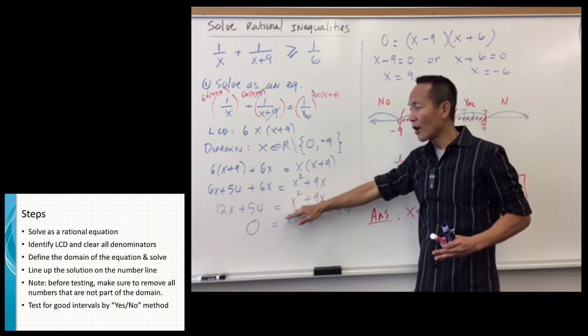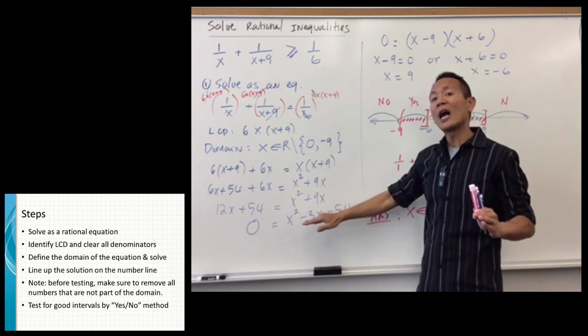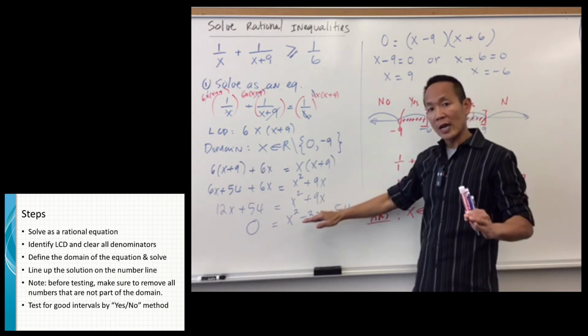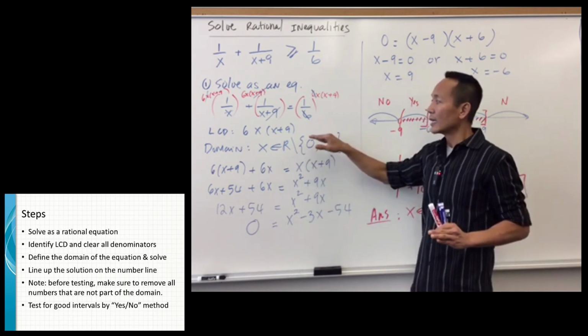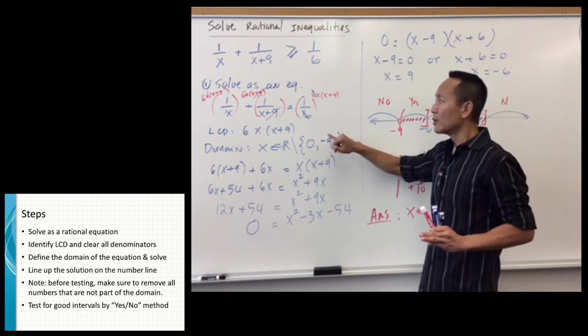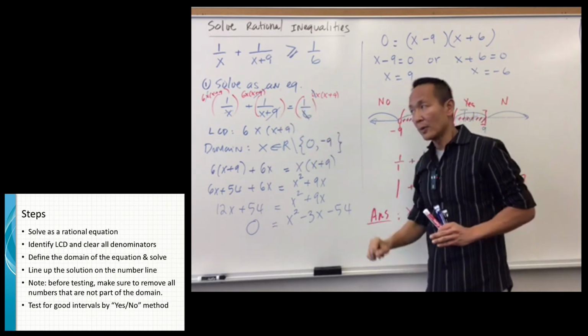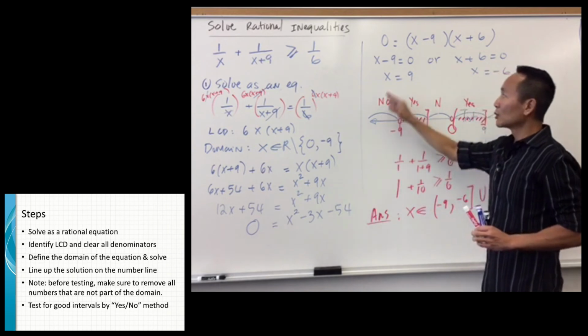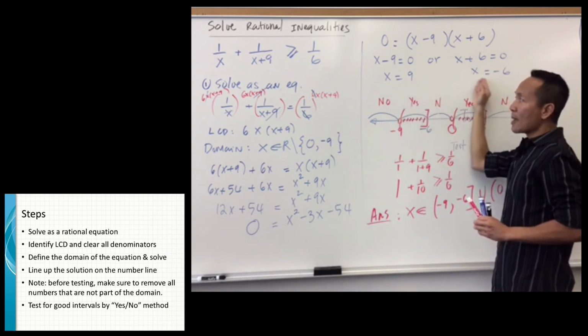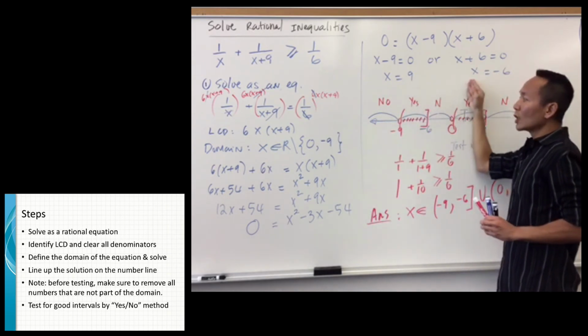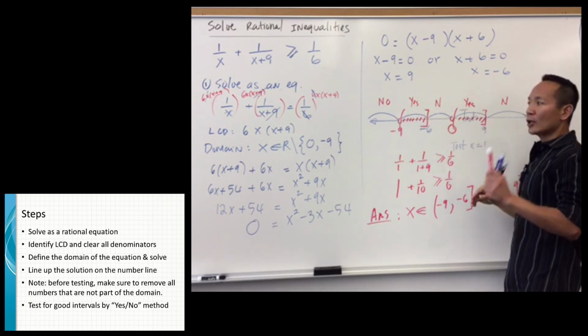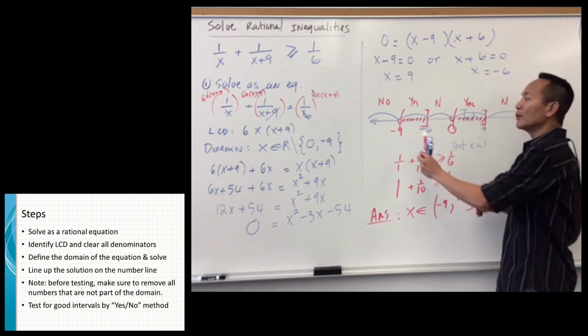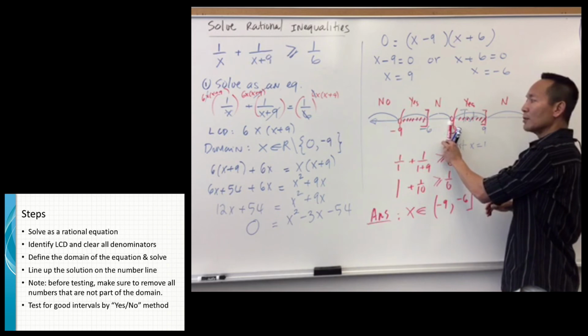And we solve for the unknown. Watch out for the extraneous numbers, the numbers that make the denominator 0. After you solve for these solutions, remember, these are all good solutions, and line them up. And do not forget to remove the excluded numbers on the number line.